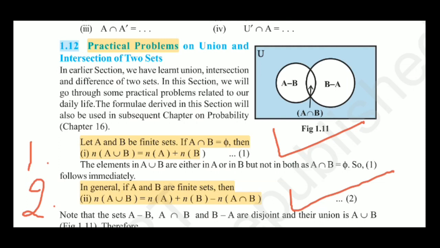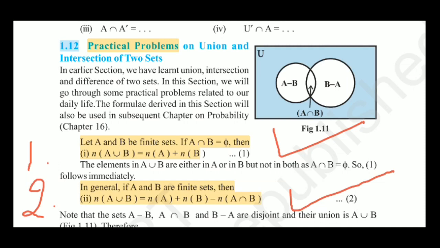And then second, what they have given? This time they have given that A and B are finite sets, and this time they don't give that the intersection of A and B equals phi.